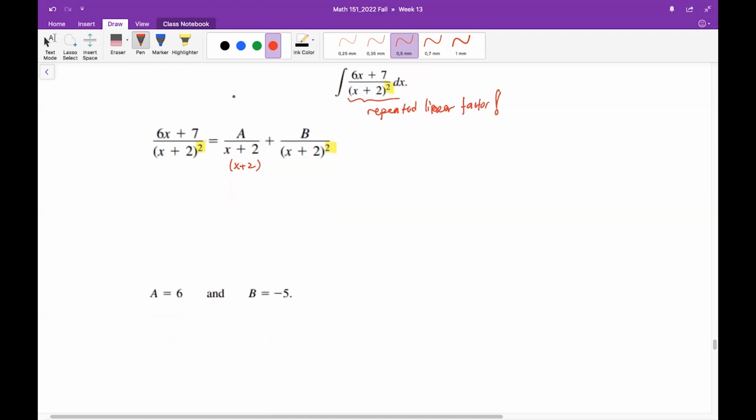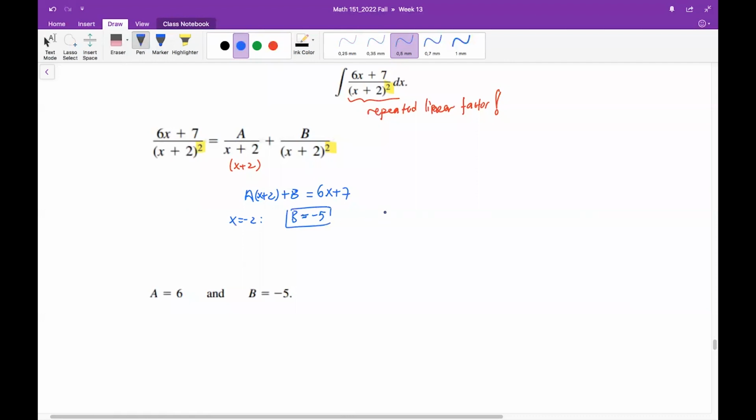So what you obtain here: a times (x plus 2) plus b should be the same as 6x plus 7. Then you can try inserting the roots. x equals minus 2 will make this part 0. So directly you can solve b as minus 5, right?